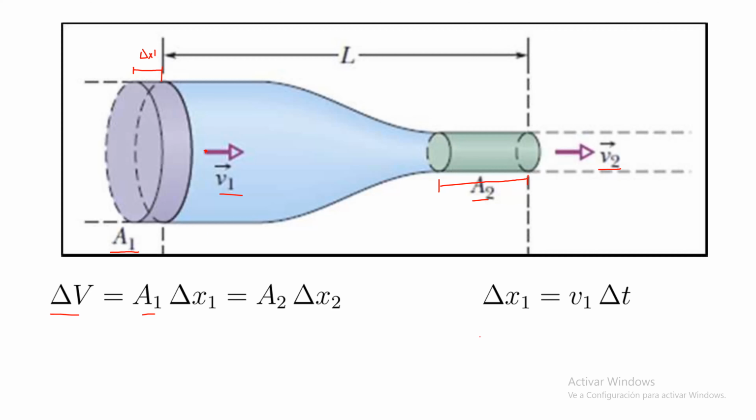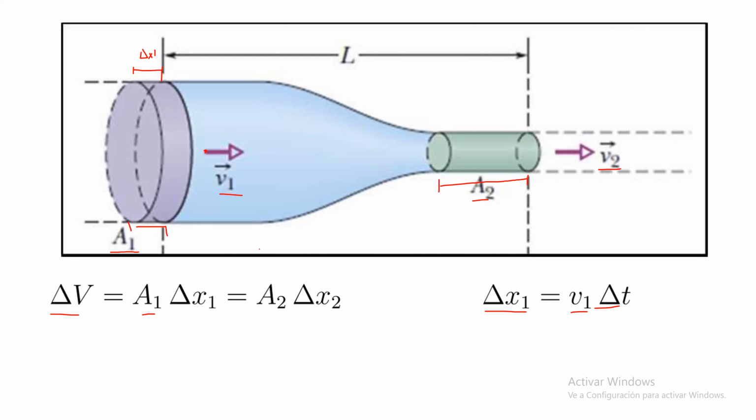But then we can replace this delta x with the relationship between velocity, distance, and time by saying that it's equal to its velocity, for example velocity 1, times the change of time. We are saying that the change of time is the same for this volume as this one. This is because it's incompressible.